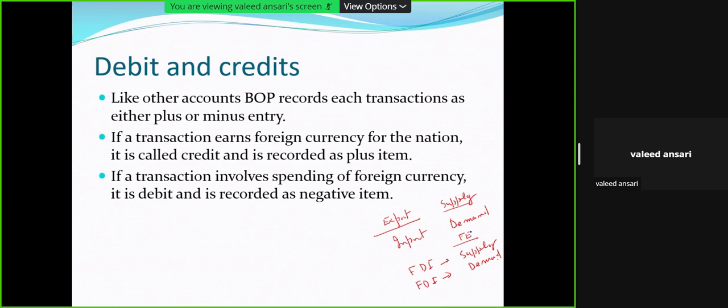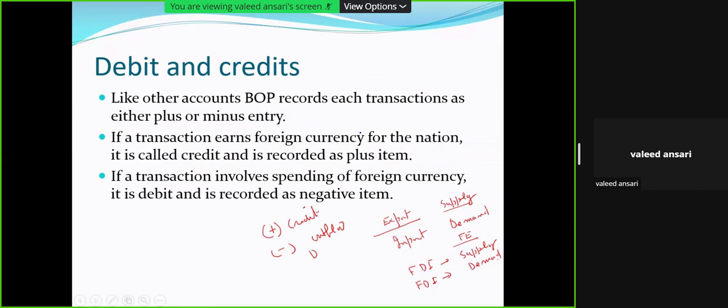So all those items are recorded as entries. Any item which results in inflow of foreign exchange is a plus item or a credit item. Any item which results in outflow of foreign exchange is a debit item, like credit and debit entries.